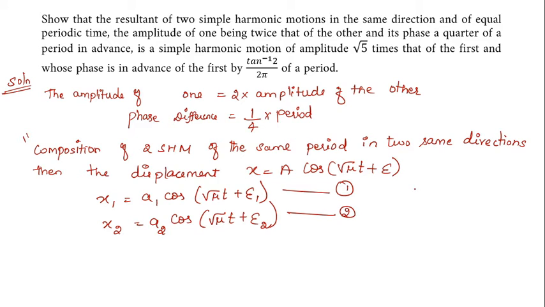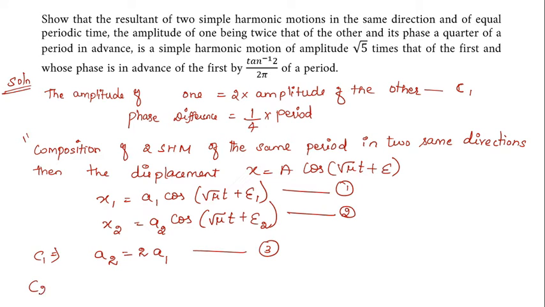Let me call this condition 1, C1. From C1 we derive A2 equals 2 A1. Mark it as equation 3.